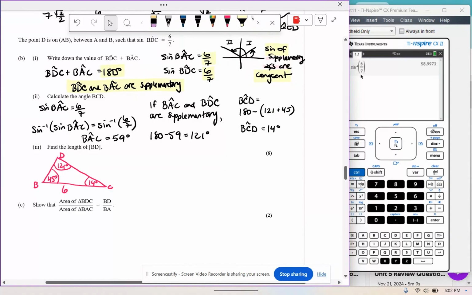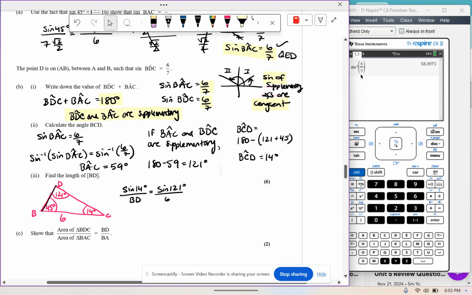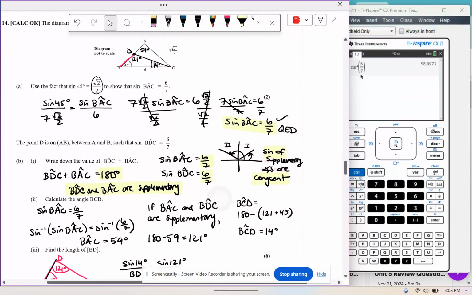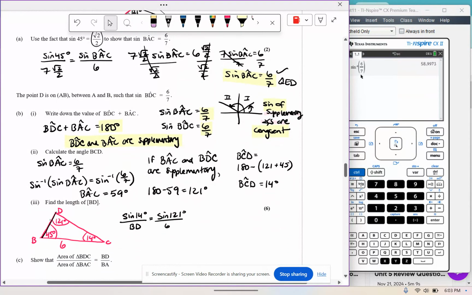Okay, cool. Since I have two angles and one of the sides is known, and one side is unknown, I'm just going to use the law of sines to get BD right here. So I have the sine of 14 over BD is equal to the sine of 121 over 6. And I'm going to cross multiply here. Oh, the sine of 121, we already found that out. We already know that the sine of BDC is 6 over 7.